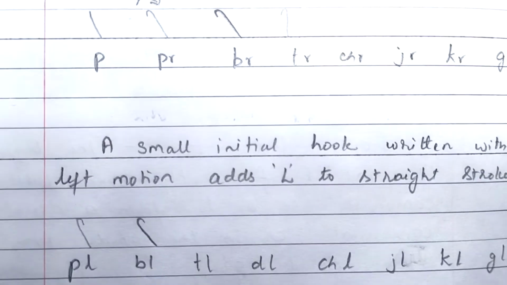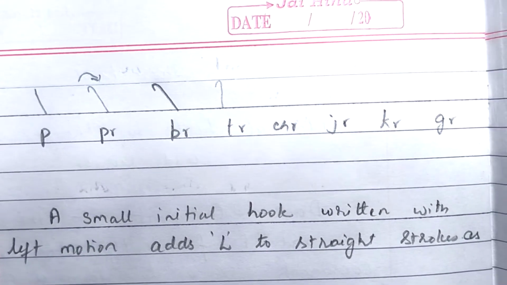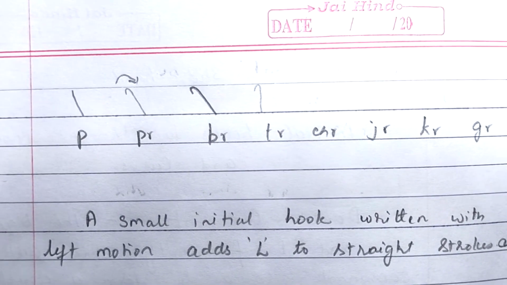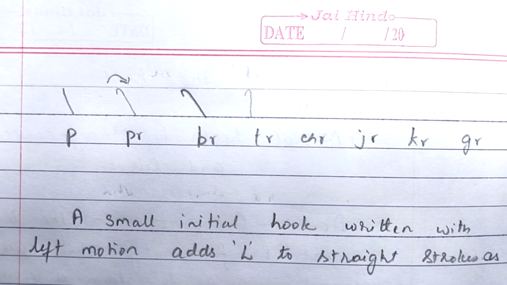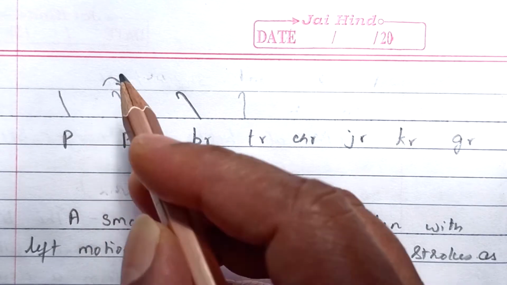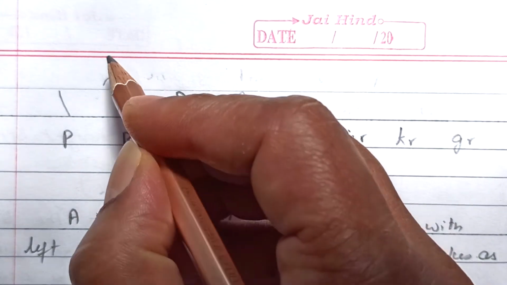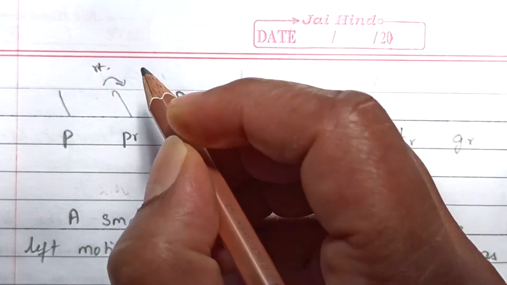So how can this hook be joined with the consonant? Here you have some of the consonants. It's P towards the right motion. So this is the right motion.